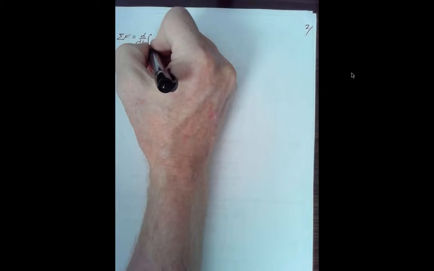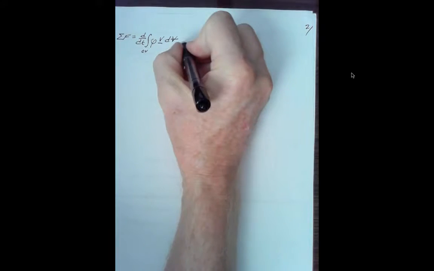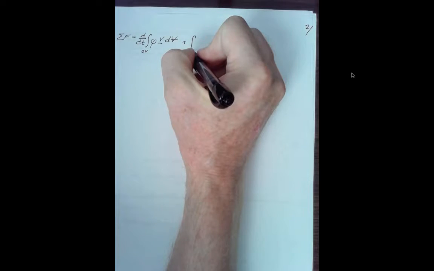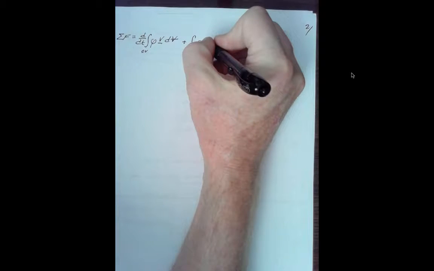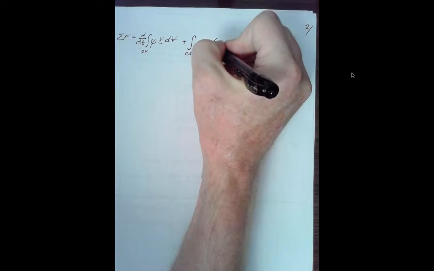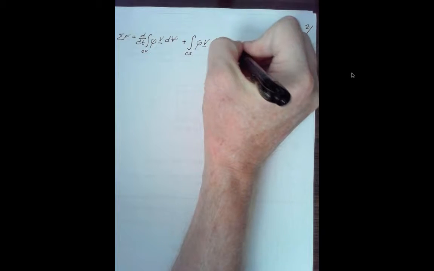So now we'll just write these terms. So rearranging, sum of the forces equals d by dt, integral over the control volume of rho velocity d volume, plus the integral over the control surface of rho velocity v dot dA.